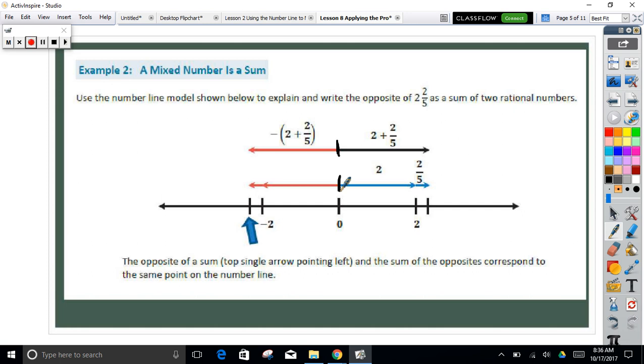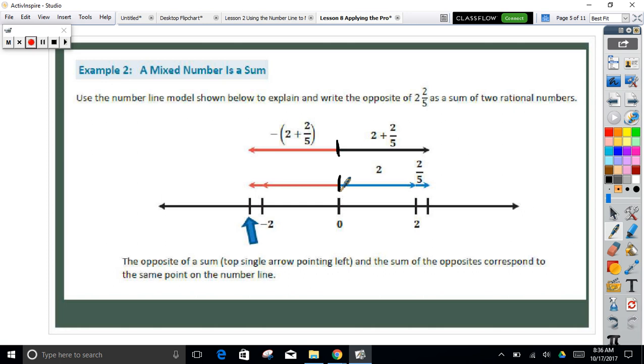You can see that 2 plus 2/5 is represented by a single solid arrow, and down here they break it down as the separate 2 and 2/5. And then up here again, negative 2 plus 2/5. The opposite of the sum is shown by a single arrow, and then it's broken down into 2 arrows.